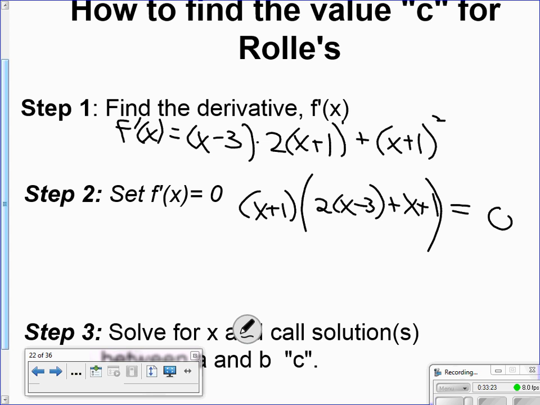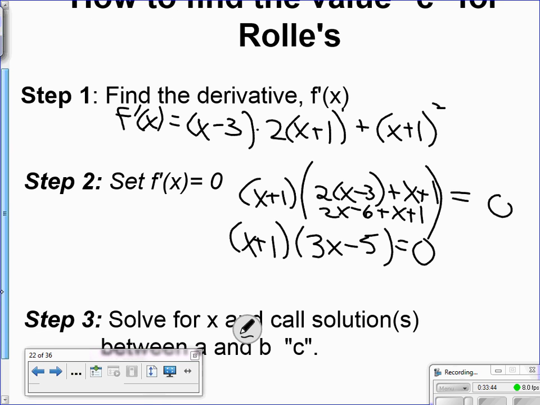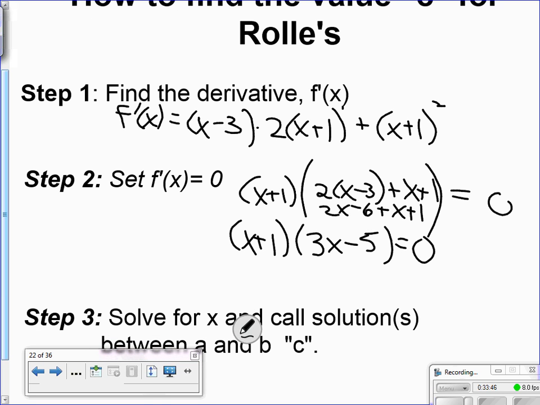We could clean up that second factor: 2x minus 6 plus x plus 1, so the second factor would be 3x minus 5. We had a common factor of x plus 1 with these two terms. Pull it out front because we're trying to find out where it's 0.